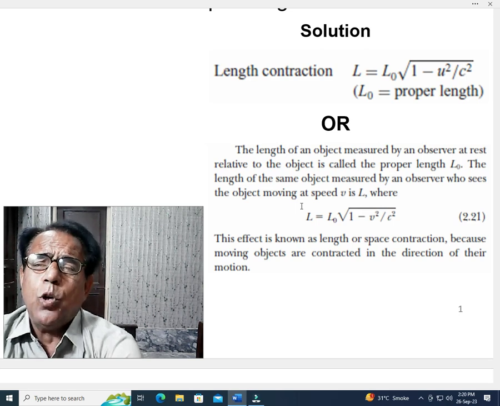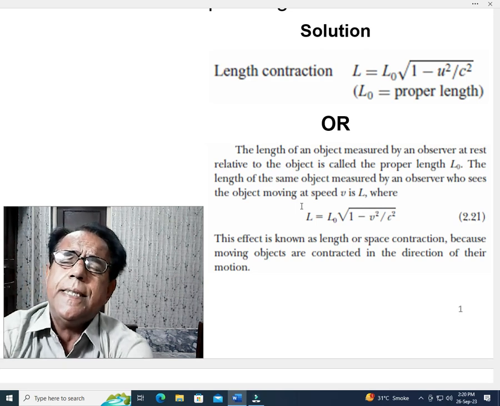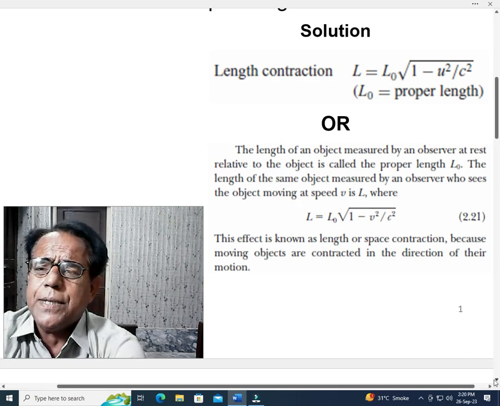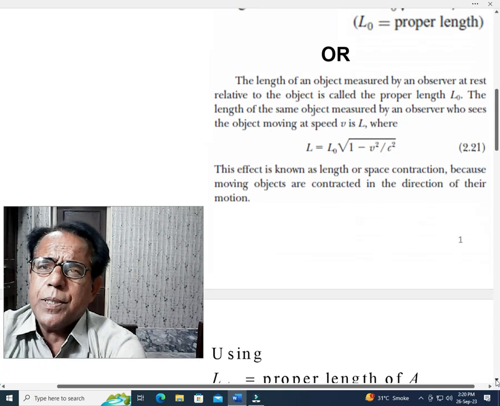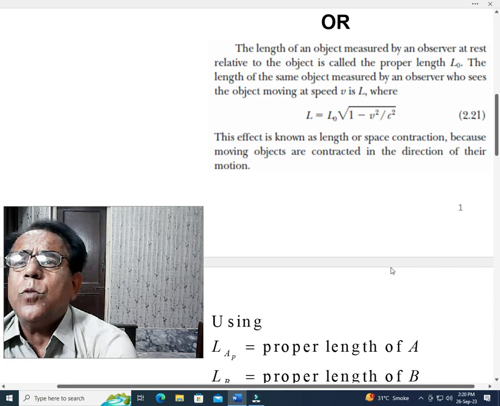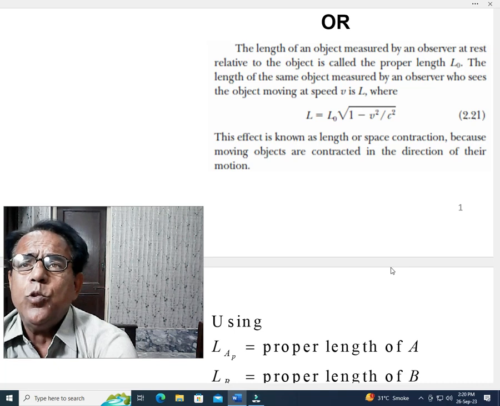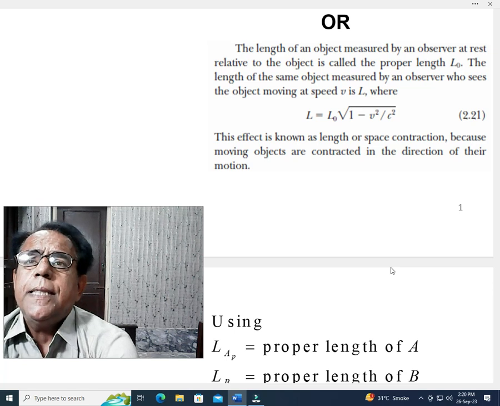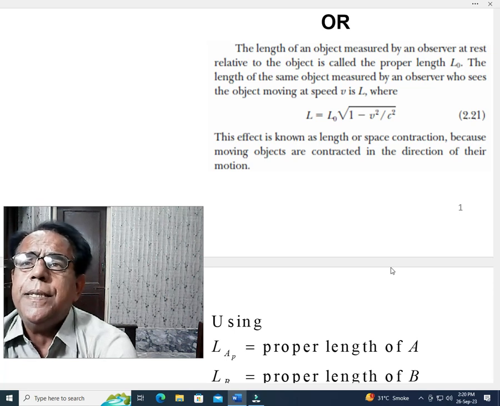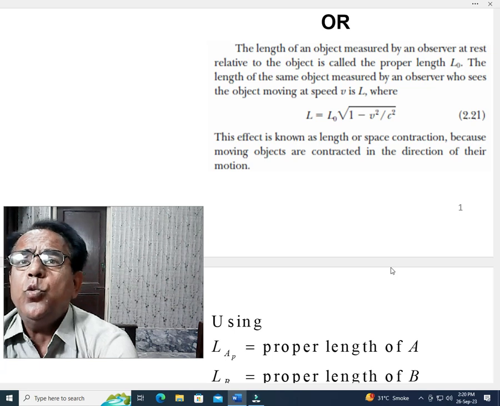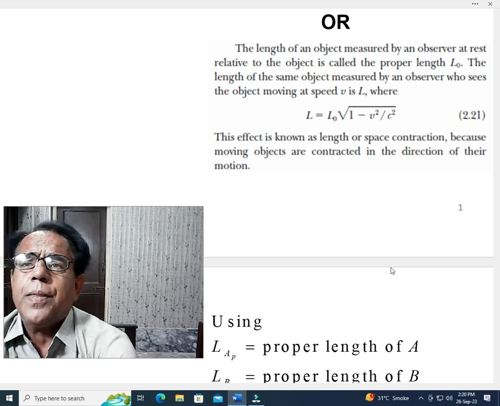In the second, alternate snapshot, this is explained in a relatively more comprehensive manner. The length of an object measured by an observer at rest relative to the object is called the proper length L naught. The length of the same object measured by an observer who sees the object moving at speed v is L, where L is equal to L naught into under root 1 minus v square over c square.